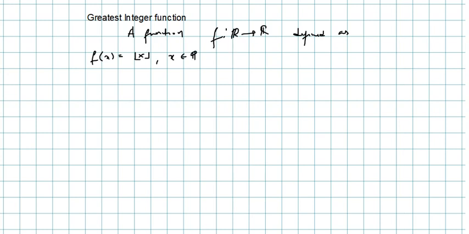So greatest integer function, a function f from the set of real numbers to the set of real numbers, defined as f of x equal to, we denote the greatest integer function this way, for all x element of the set of real numbers, is called greatest integer function.